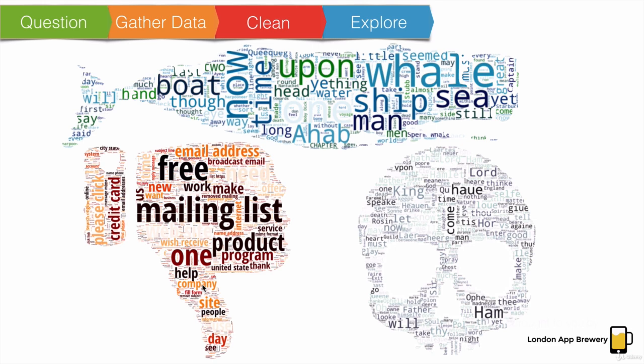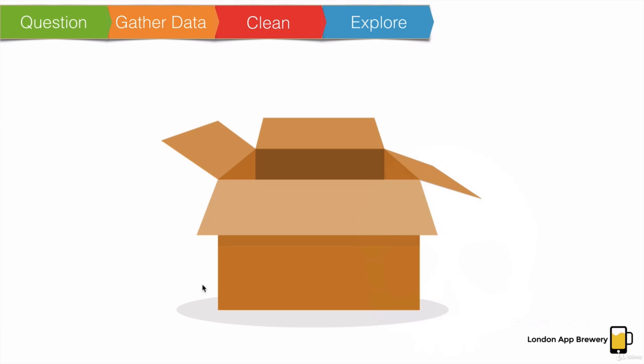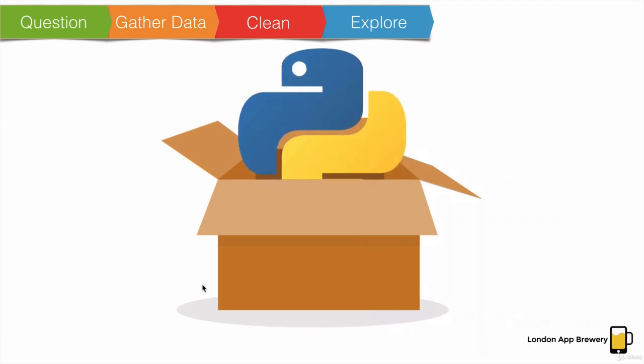Alright, so how do we create a word cloud in Python? Because we're not going to do it from scratch. We will use an existing Python package. Now, the fantastic thing about the Anaconda distribution is that it comes bundled with lots and lots of different packages straight out of the box.